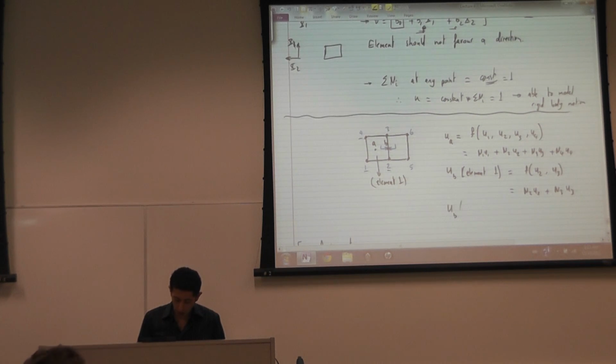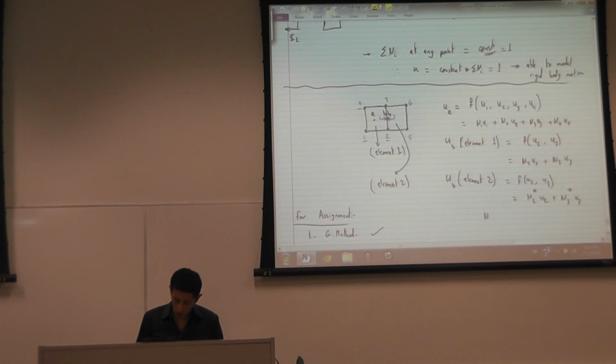If I look at point B on the other side, this is also a function of U2 and U3. It's equal to N2* U2 plus N3* U3, where N2* and N3* are shape functions of element 2.